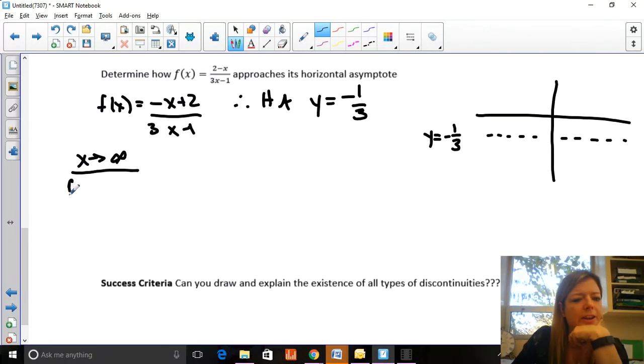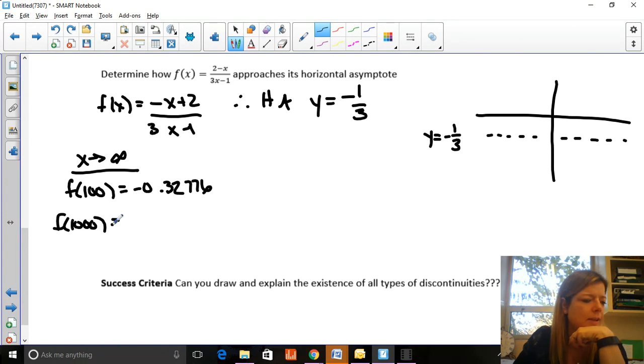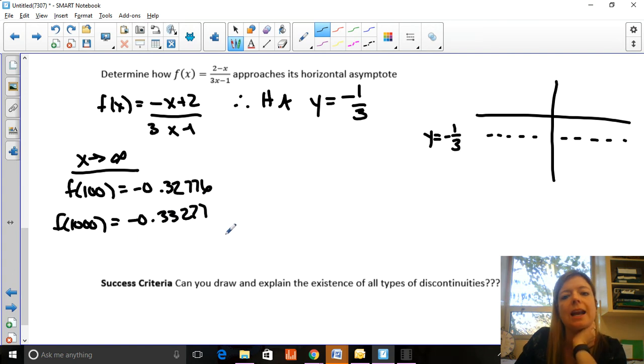So you can just put in like 100, and in this case you get -0.32776. And if I put in 1,000, I get -0.33277. So you have to ask yourself, is that above -1/3 or below -1/3?